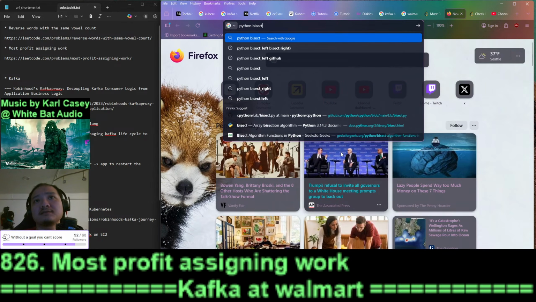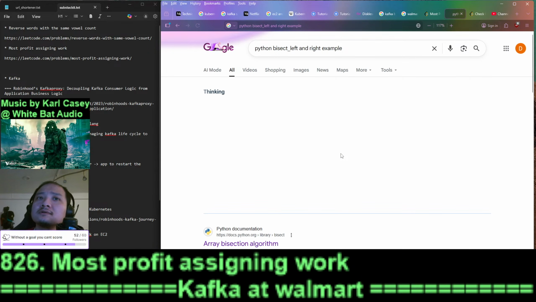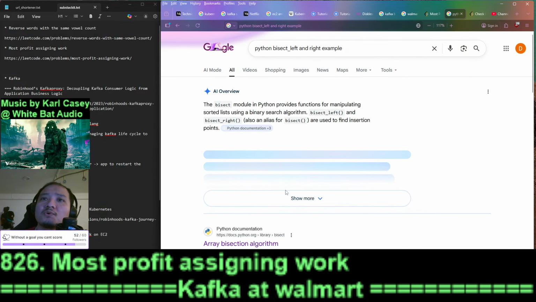Python bisect left and right example, provided we sort them.